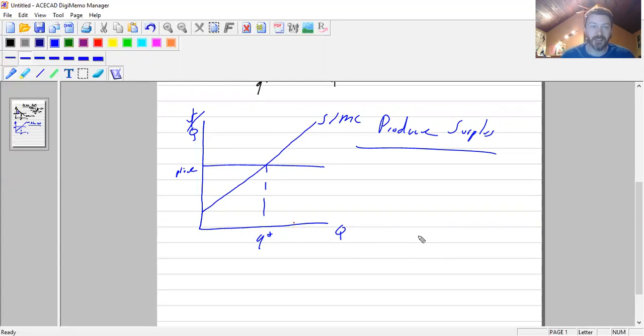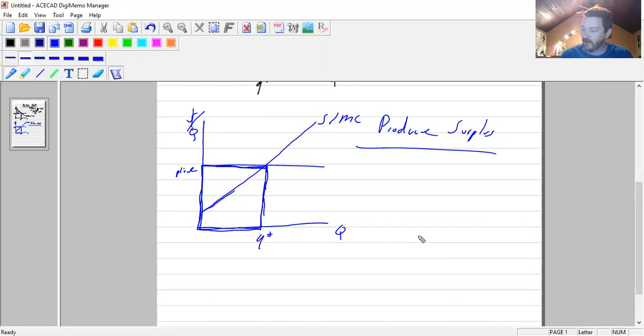The producer surplus is the same thing. It's the difference between what the business receives and what the business gives up. What the business receives is the total revenue, the price times all the quantity that they're selling. This is the benefit that the business receives. Now this area under the marginal cost curve: this is the marginal cost of the first unit, the second unit, the third unit.